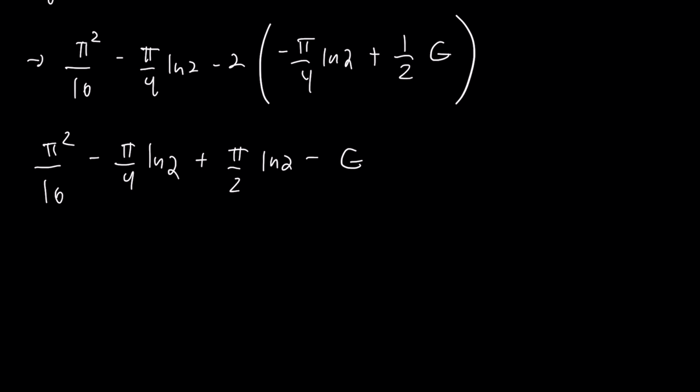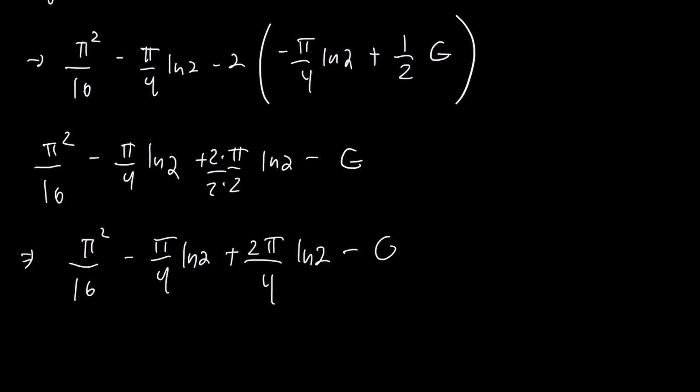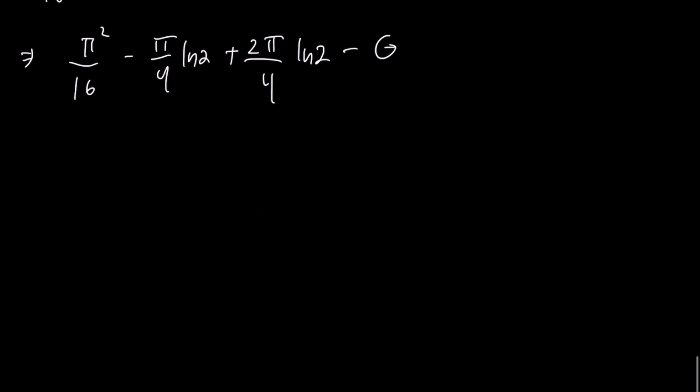But from here, I could get a common denominator by multiplying both sides by 2 here. And we'll end up with pi squared over 16 minus pi over 4 log 2, and then plus 2 pi over 4 log 2 minus Catalan's constant, which simplifies into pi squared over 16, and then a plus positive pi over 4 log 2 minus Catalan's constant.